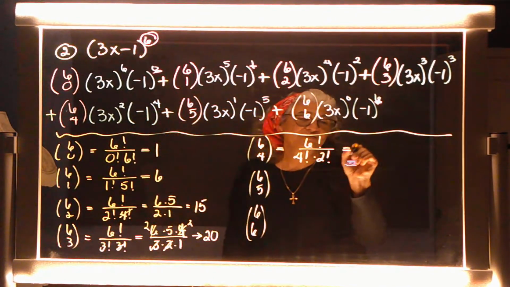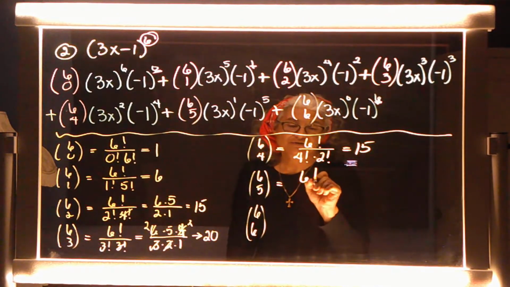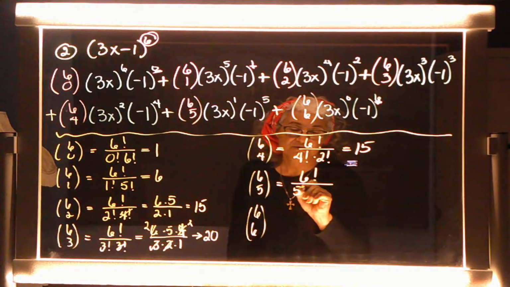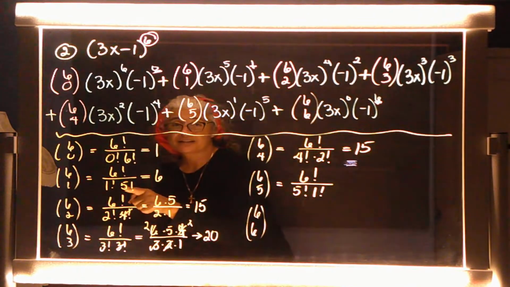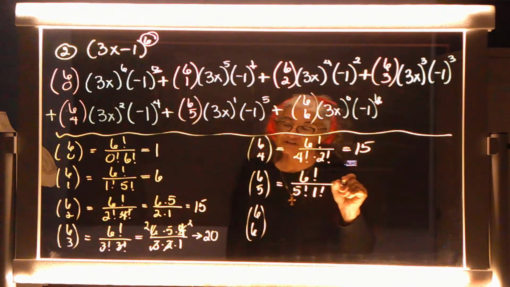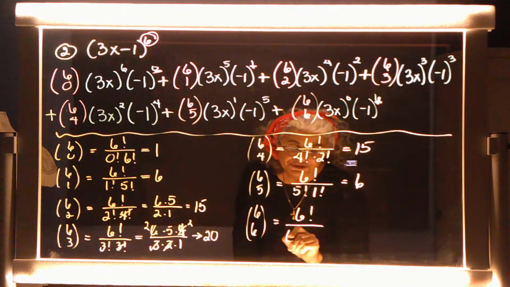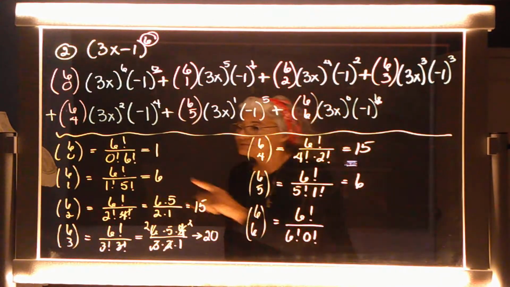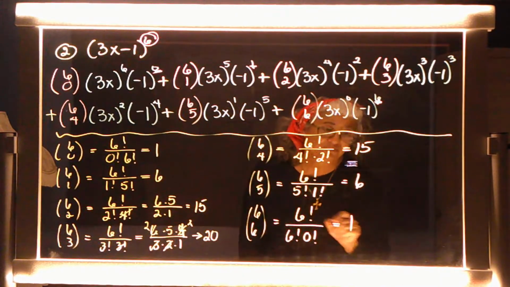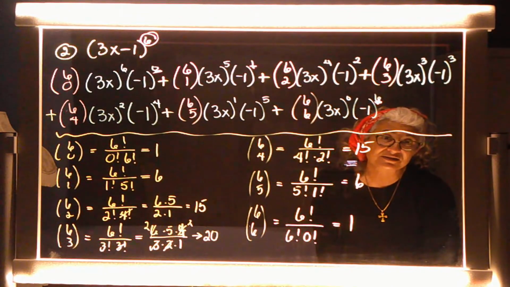So we're just going to get 15 here. Okay, 6 choose 5. 6 factorial over 5 factorial times 1 factorial. Hey, that looks like this one. Yep, you're just going to get a 6. And this one is 6 factorial over 6 factorial times 0 factorial, which will look just like that one, which means you get a 1. We just figured out our coefficients.